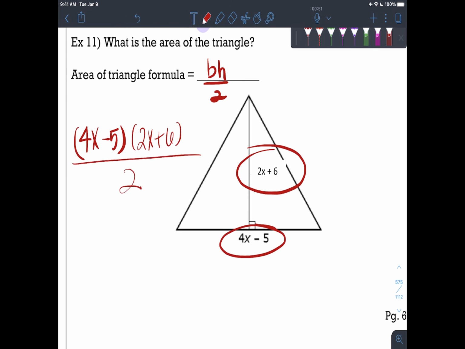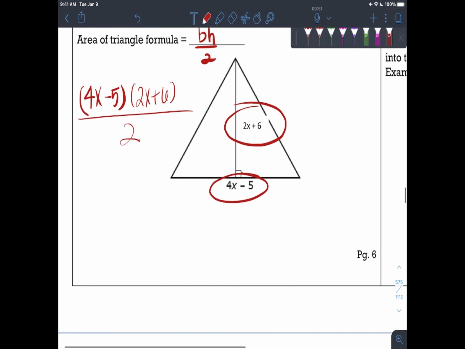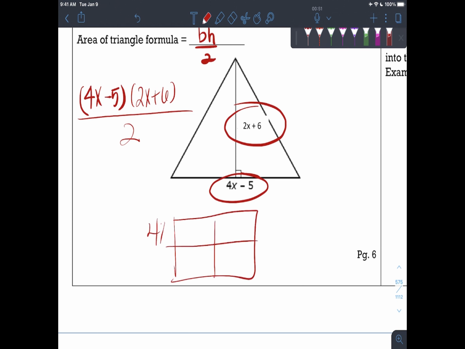Okay, so I want to use my box method to multiply out that top part, simply because I want to keep it easy. So 4x minus 5, 2x plus 6. 2 times 4 is 8, x times x, x squared. 2 times negative 5, negative 10, bring my x down. 6 times 4, 24x. 6 times negative 5, negative 30.